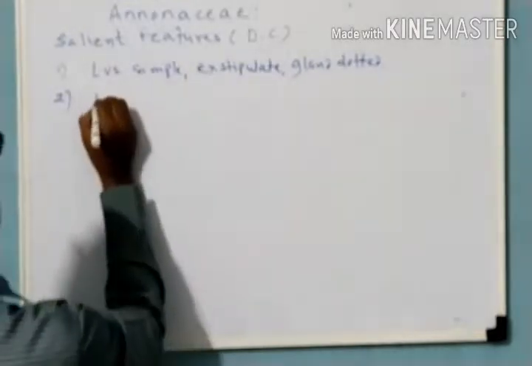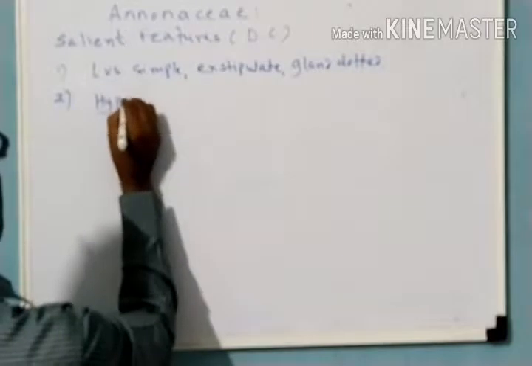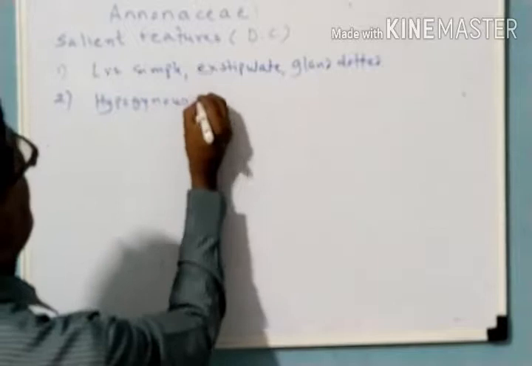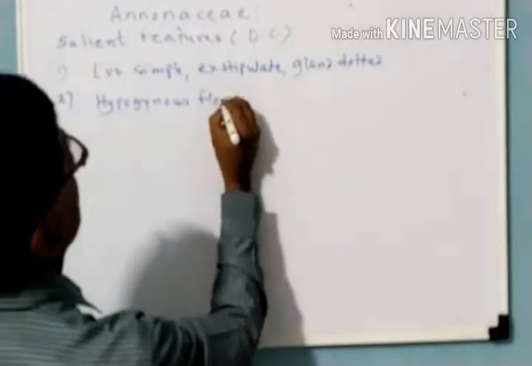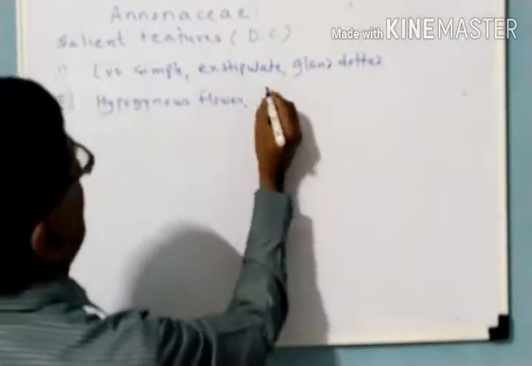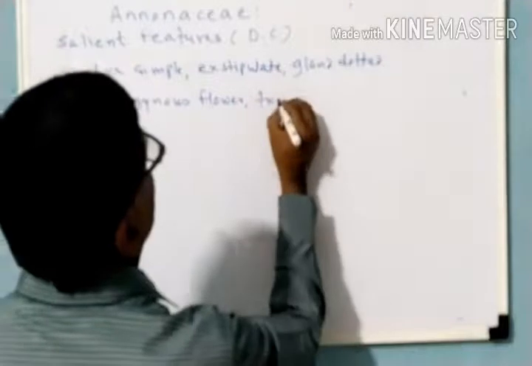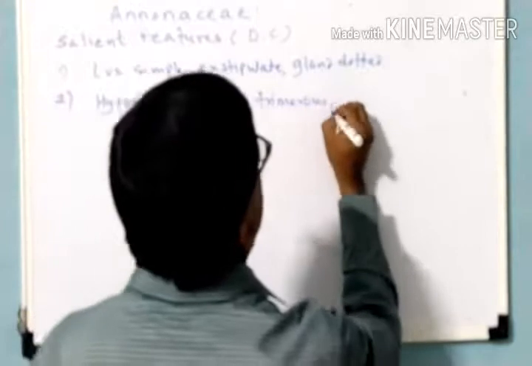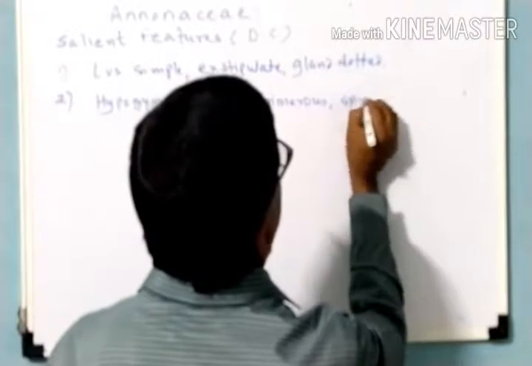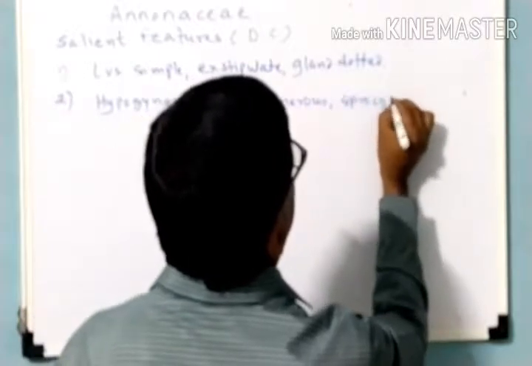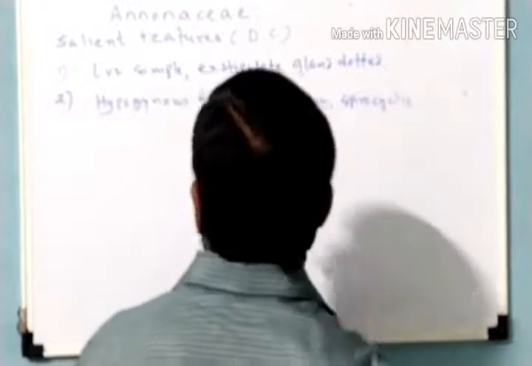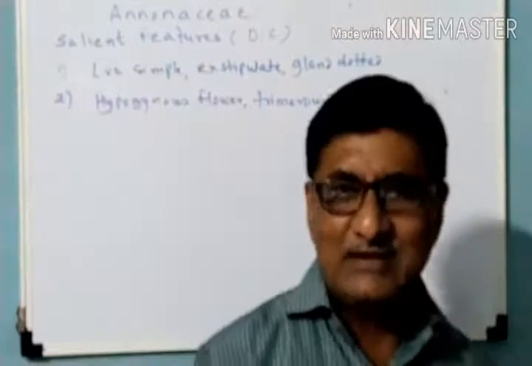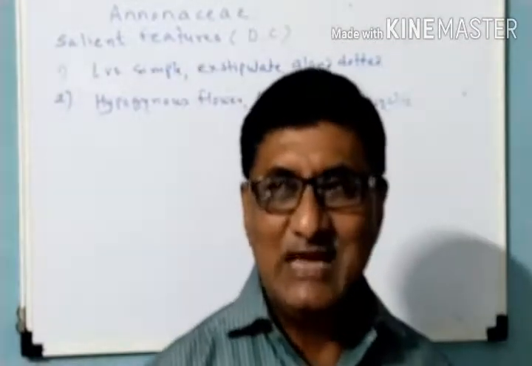Now the second distinguishing character of this particular family is flower hypogynous, trimerous, and spirocyclic. Hypogynous flower, I have explained to you that the ovary is superior and such a flower is called hypogynous.